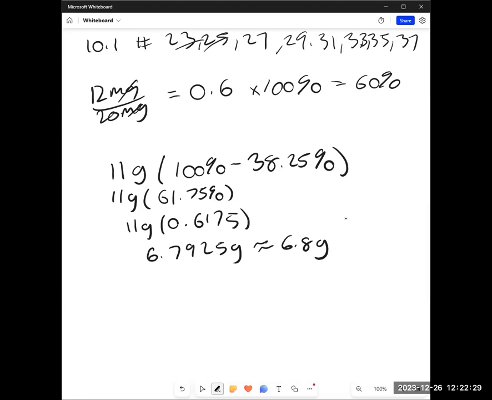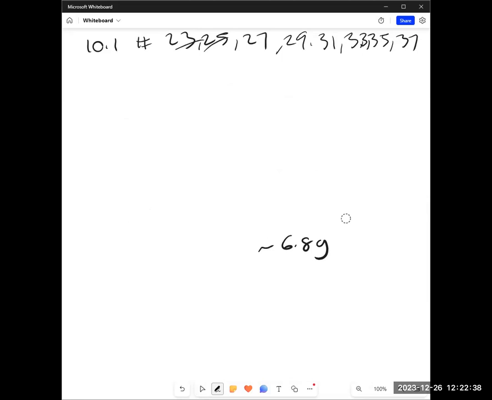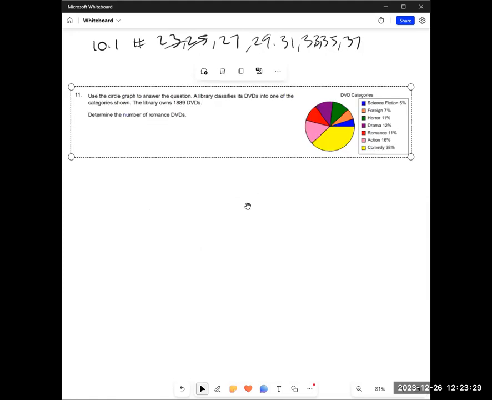Next problem has a circle graph or pie chart, so I'm going to copy that over here for you. We're going to use the circle graph to answer the question. A library classifies its DVDs into one of the categories shown.